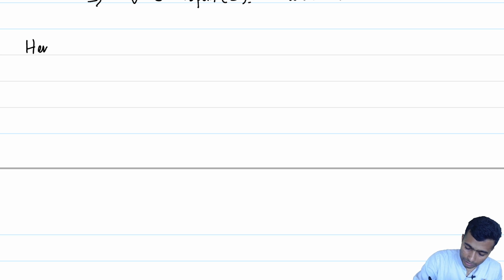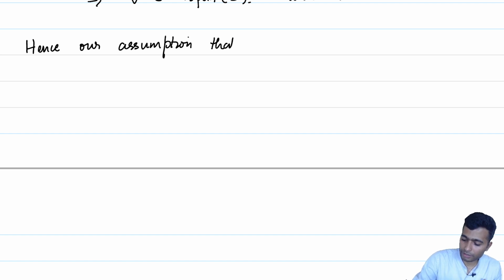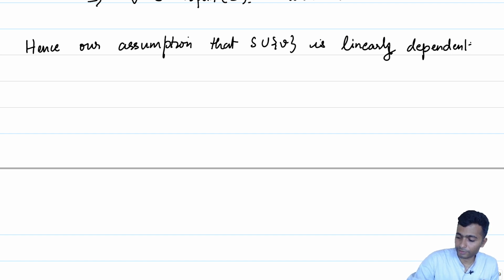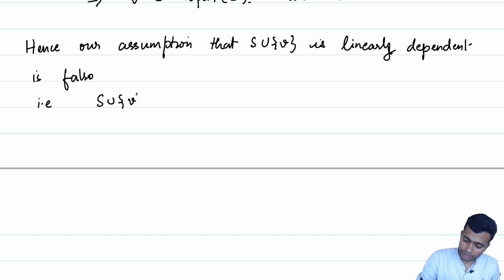Therefore, hence our assumption that S union V is linearly dependent or not linearly independent is false, because if we assume this, we are arriving at some contradiction, i.e. S union V is linearly independent.